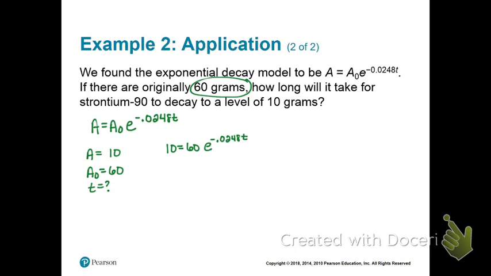And just like all the others, let's solve for t. So let's get the exponential part by itself. I could reduce that, but I'm just going to leave it as 10 over 60 right now. How do we get t out of the exponent? Log both sides. I have an e, so we're going to use a natural log.